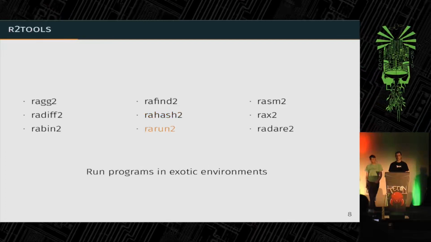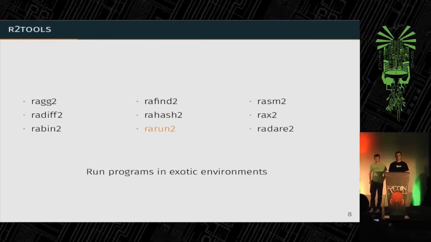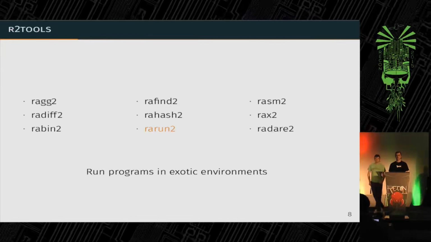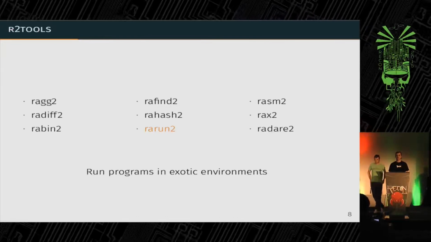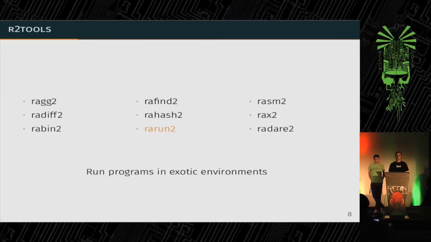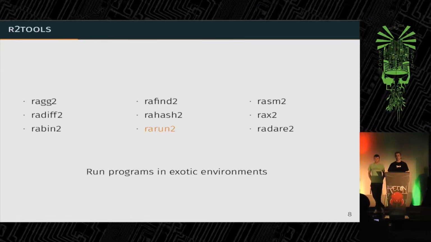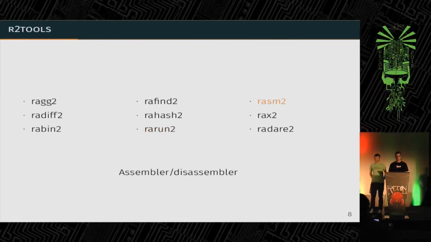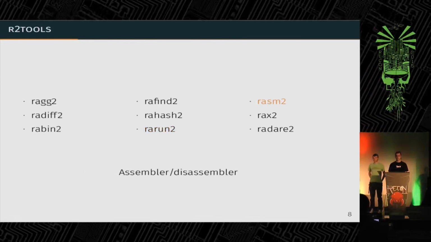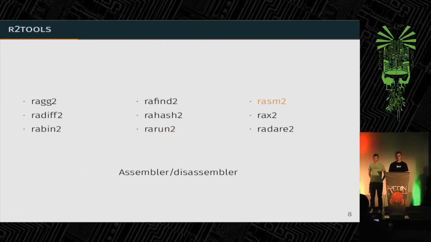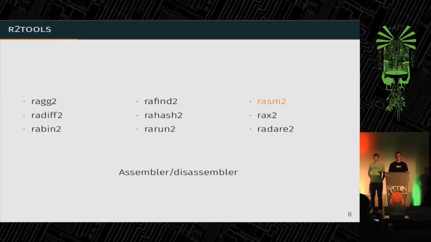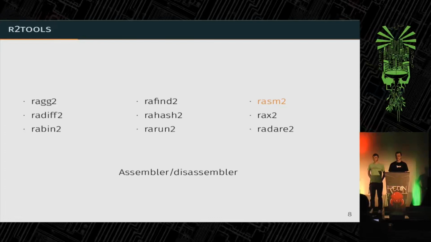Rarun2 is pretty useful when you're doing CTF, for example, because you can run programs in exotic environments, like you can redirect stdin, stdout to a socket, or put some weird UID on it, or whatever. It is meant to control completely the environment of the binary execution. Rasm2 is an assembler and disassembler. It's like the most useful part of R2. It's for assembling and disassembling various architectures.